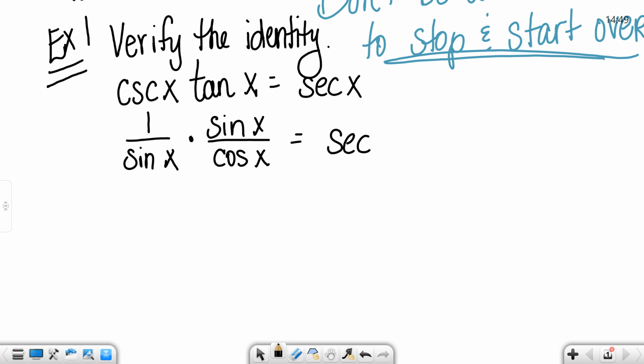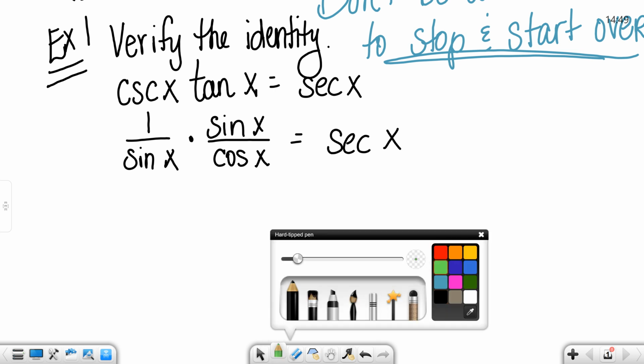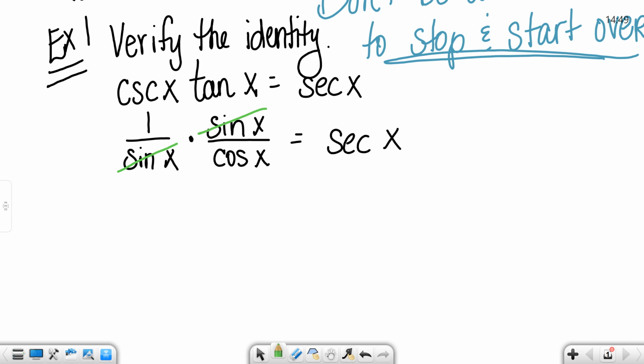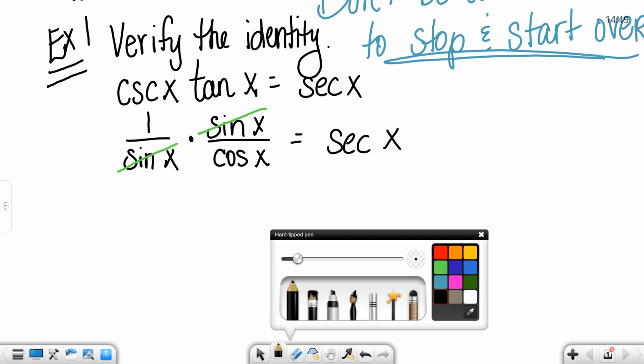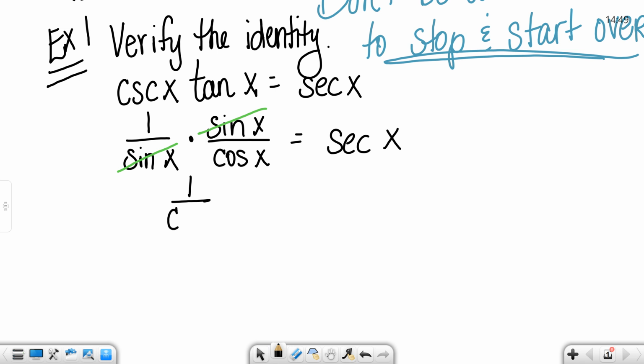Now, this other side, the secant x, I'm not doing anything with it. Just bring it down. Now I can simplify. Sine x and sine x divide out to give me 1. So I'm left with 1 over the cosine of x, again just bringing down the right side. Then I use the reciprocals again, and I know that 1 over the cosine is the secant.